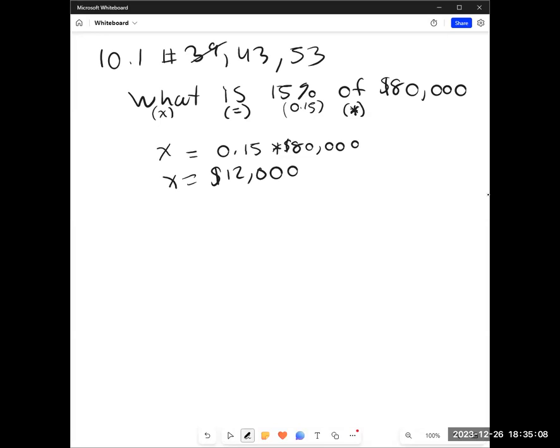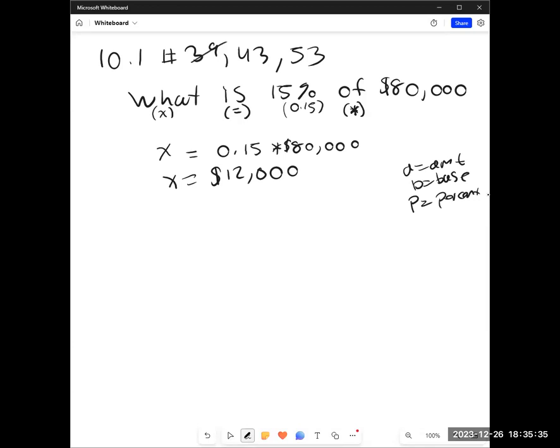Go ahead and use your calculator to verify that. I'll also show you the proportion method. A is the amount, B is the base, and P is the percent number here.